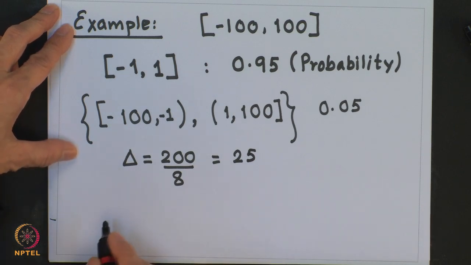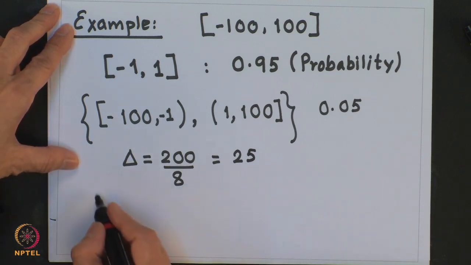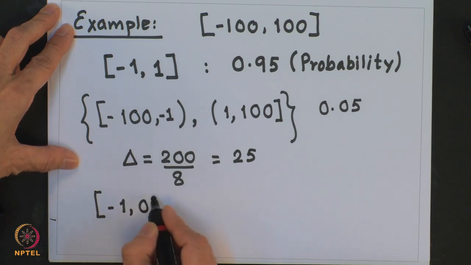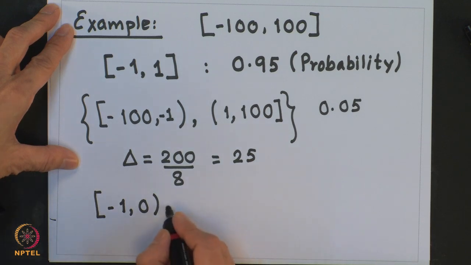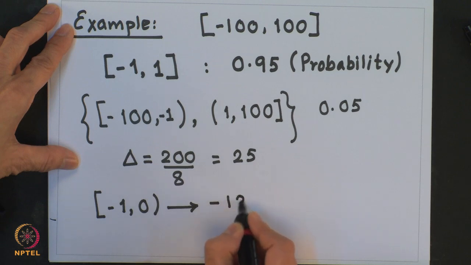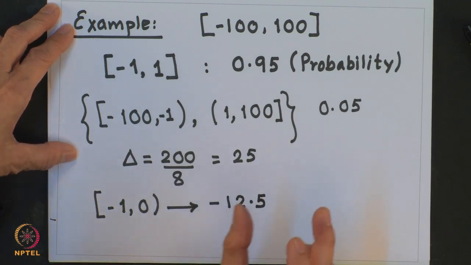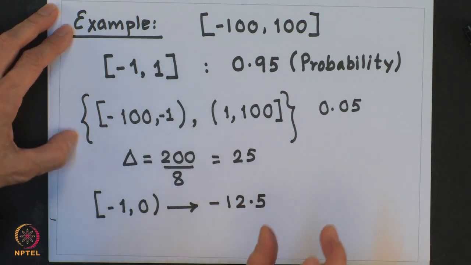So, now when you have the input in the interval between minus 1 and 0, then this will be quantized to the value minus 12.5 because the step size is 25.